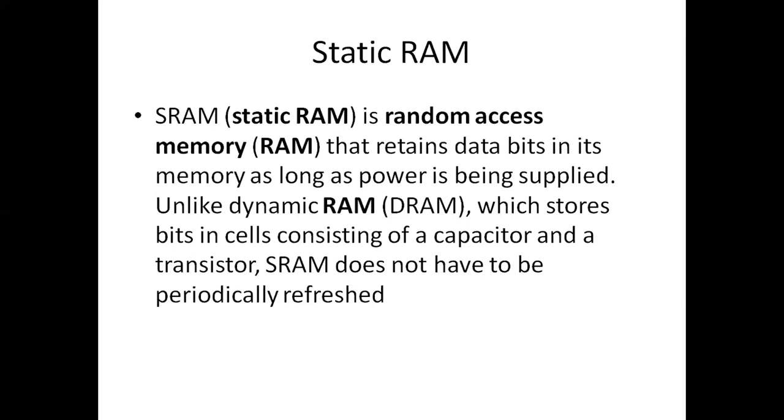But in the dynamic RAM, we have the capacitor and transistors that will help in the retention of data even while the electricity or power supply goes away. I will discuss later what is volatile and non-volatile memory. You will come to know later.